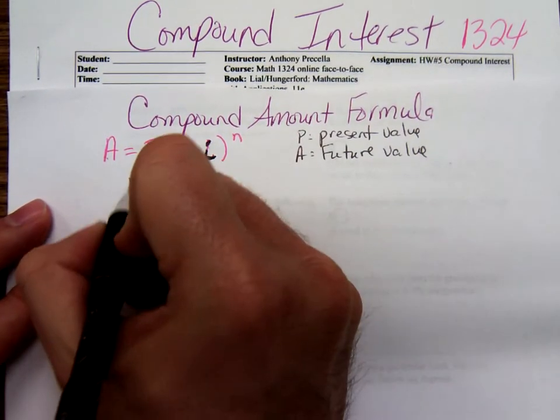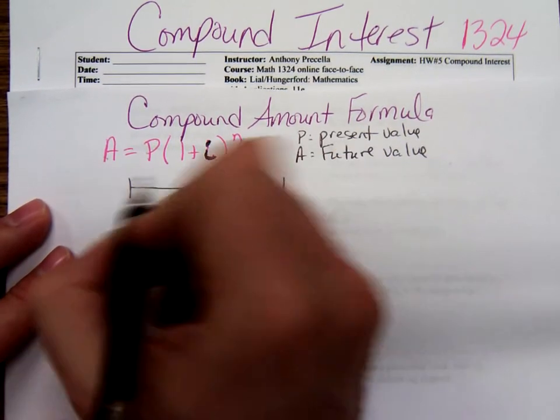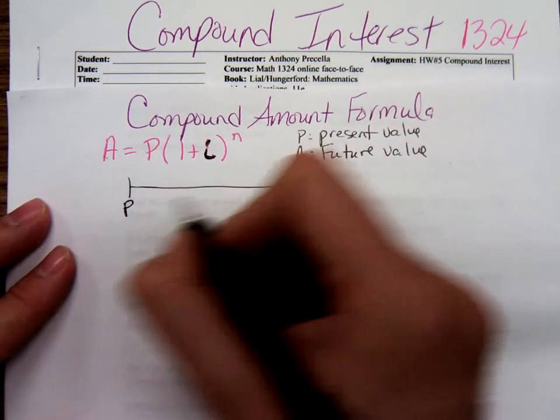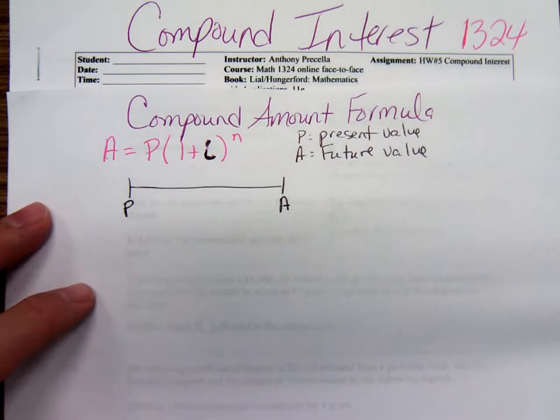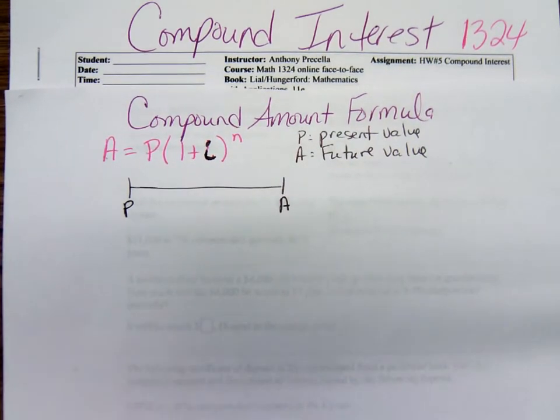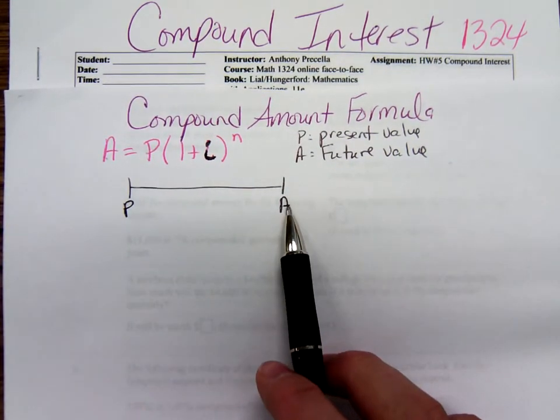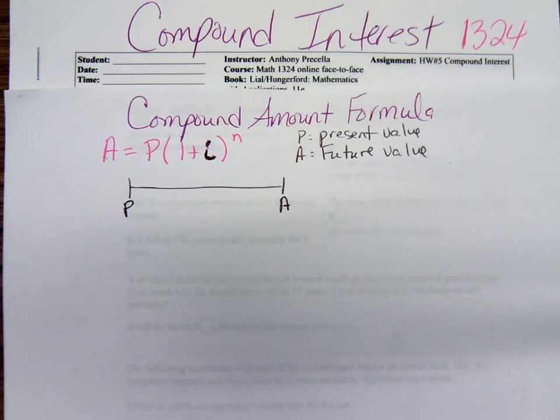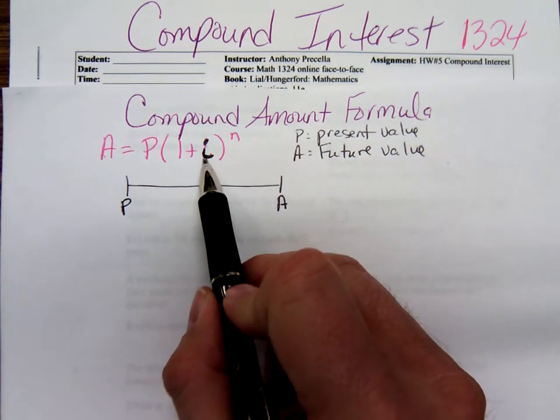On a timeline, it would look like this. Here's the amount of money invested today. After some period of time, here's the future value. The new variables, by new I mean they weren't included in the I equals PRT simple interest formula, are this lowercase i.